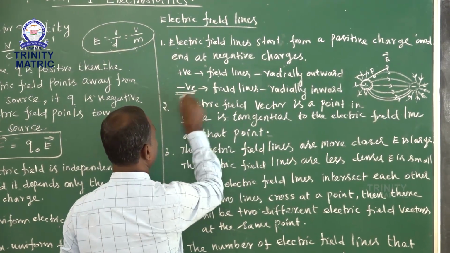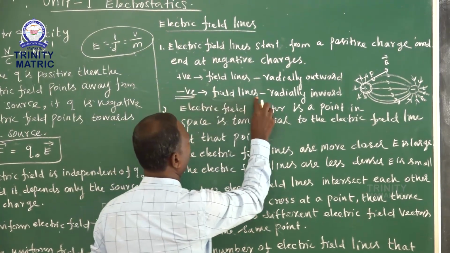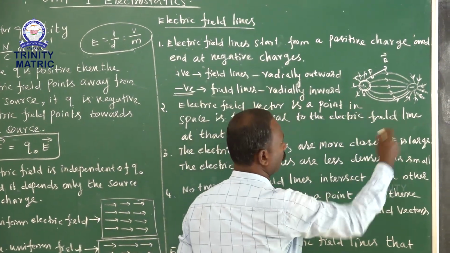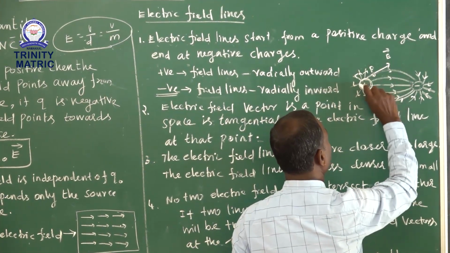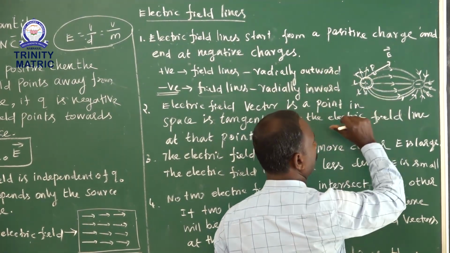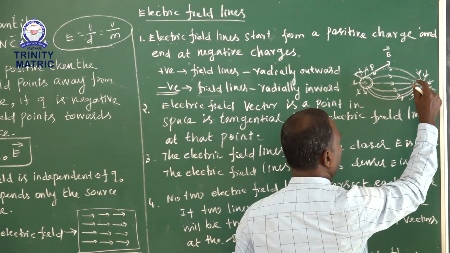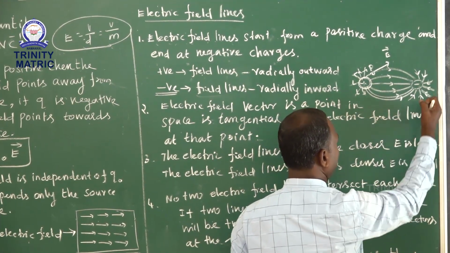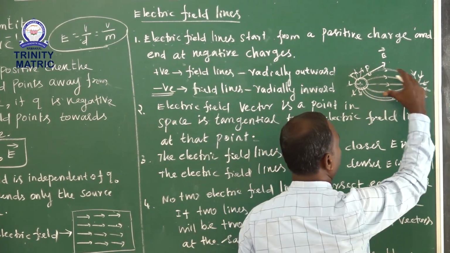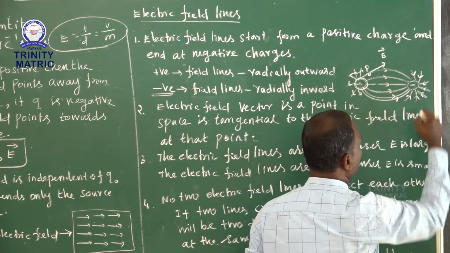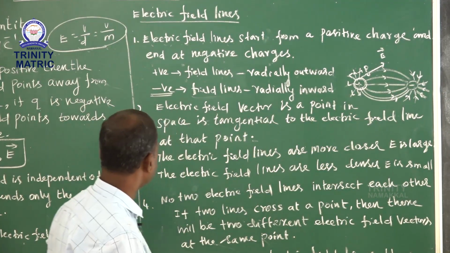When the charge is negative, the electric field lines go radially inwards, because the field starts from positive, so all lines are outward, and they terminate at the negative end, so all lines are directed towards the negative charge.